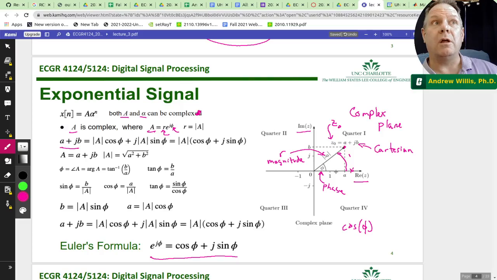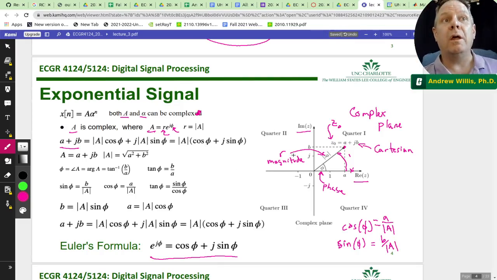Cosine of phi is the adjacent over the hypotenuse, so it's a over the magnitude of our complex number. Sine of phi is the opposite over the hypotenuse, which is b over magnitude of a.